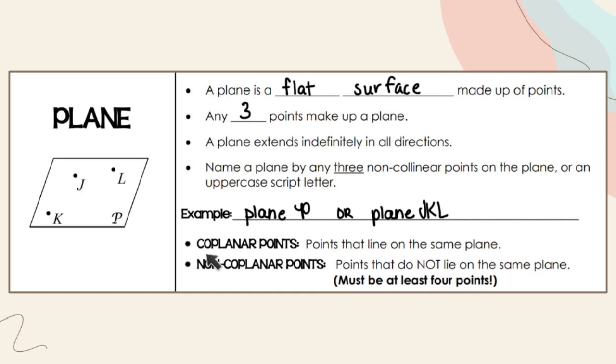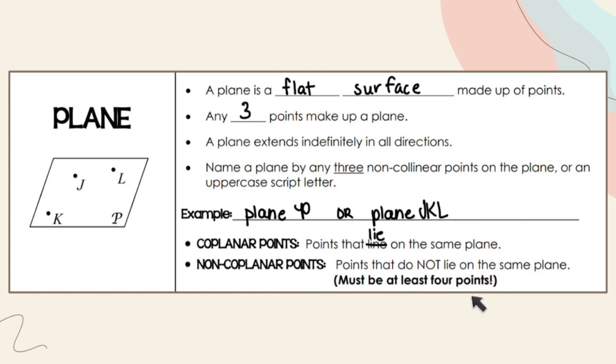And here we have coplanar points. So coplanar points are points that are on the same plane. This is a typo, so you should put lie on the same plane. Non-coplanar means not same plane. Okay, so points that are not on the same plane.